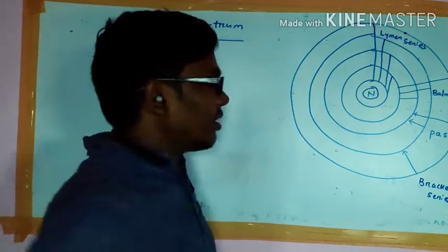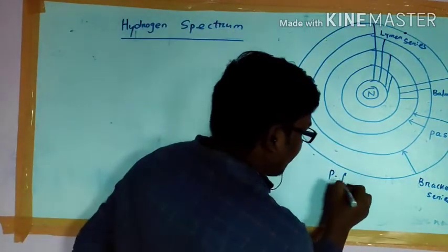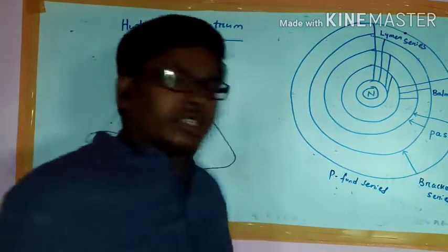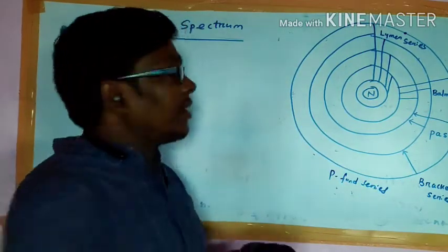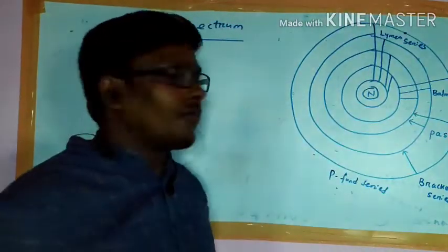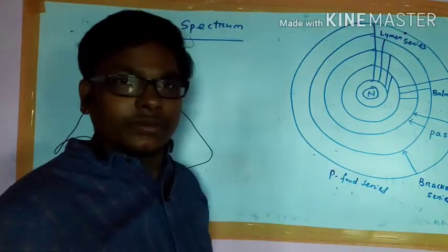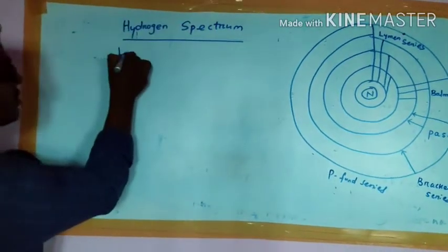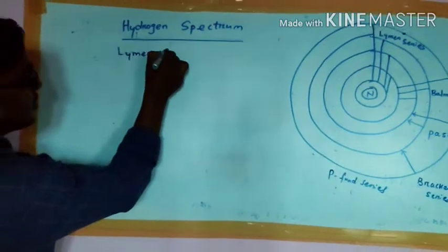And finally, the last one can be shown if we add some extra orbit. So there are 5 spectral series. I am writing over here. First is the Lyman series.